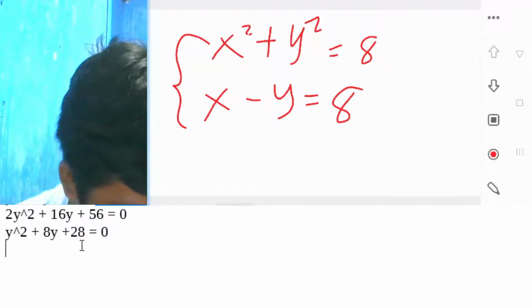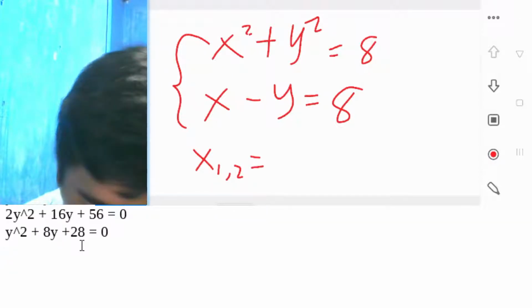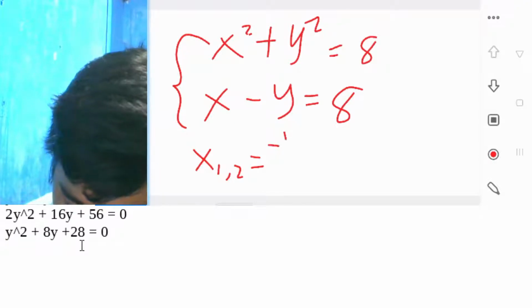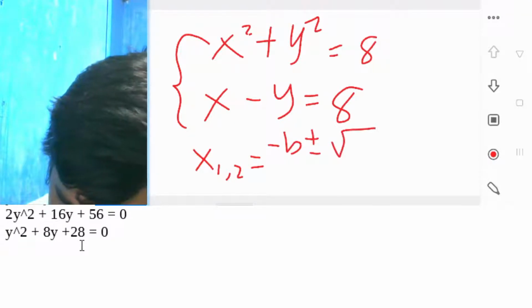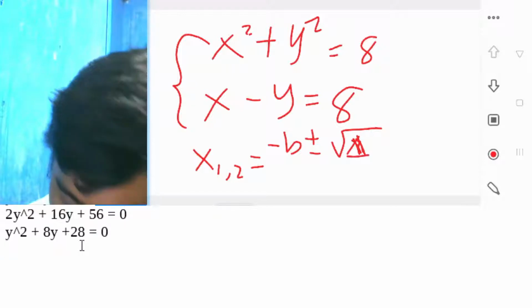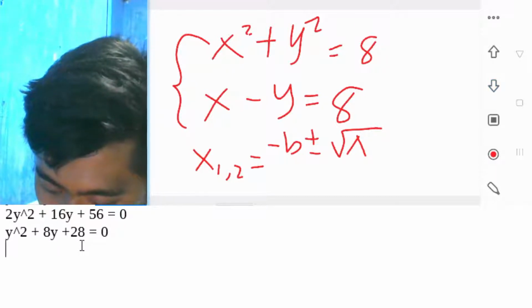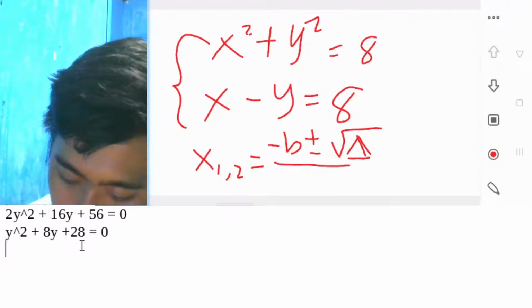So this should be x1,2 equals negative b plus or minus the square root of delta, all over 2a.